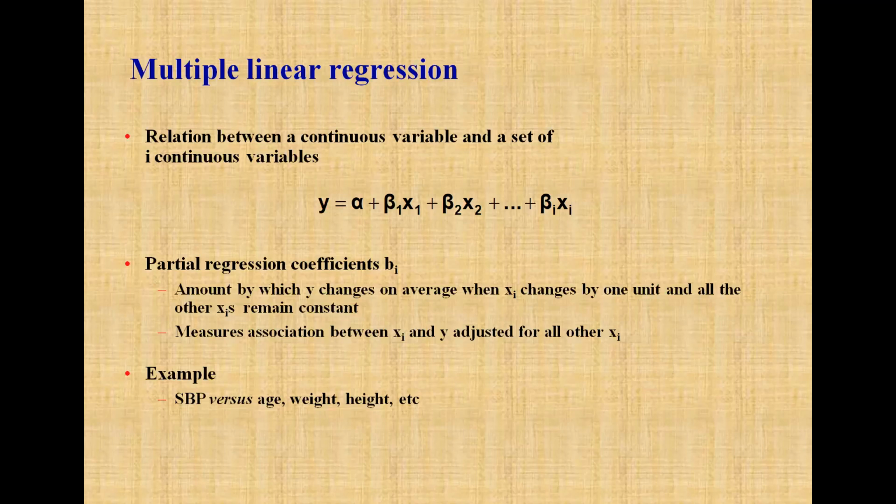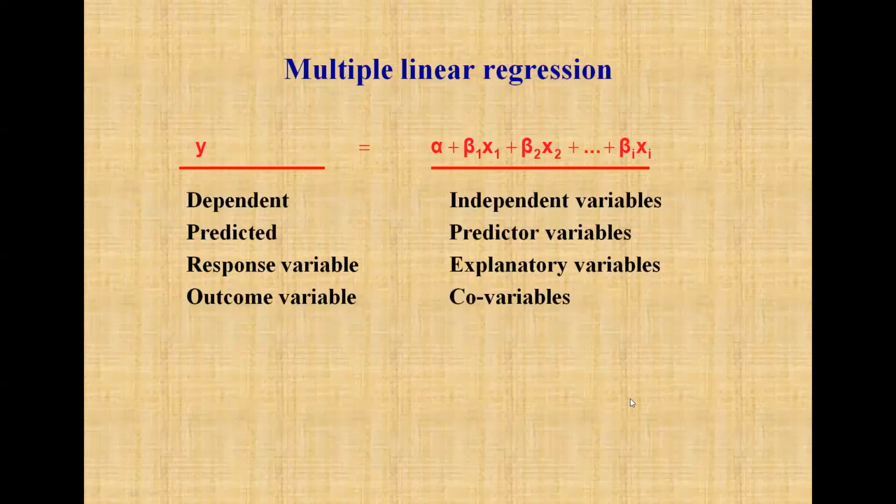If you want to control the blood pressure, please reduce your weight. This is the beauty of the regression coefficient. We want to know the impact of the independent variable on the dependent variable.